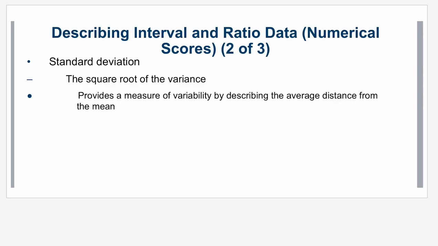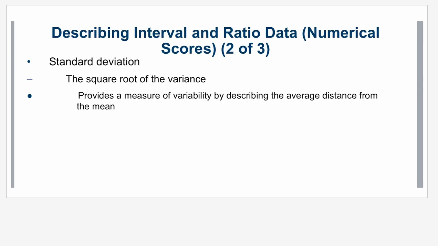Okay, so another statistic you can use to describe your numerical data is standard deviation. You've probably seen or heard that in some of the research that you have read. It is the square root of the variance. Well, what's the variance?